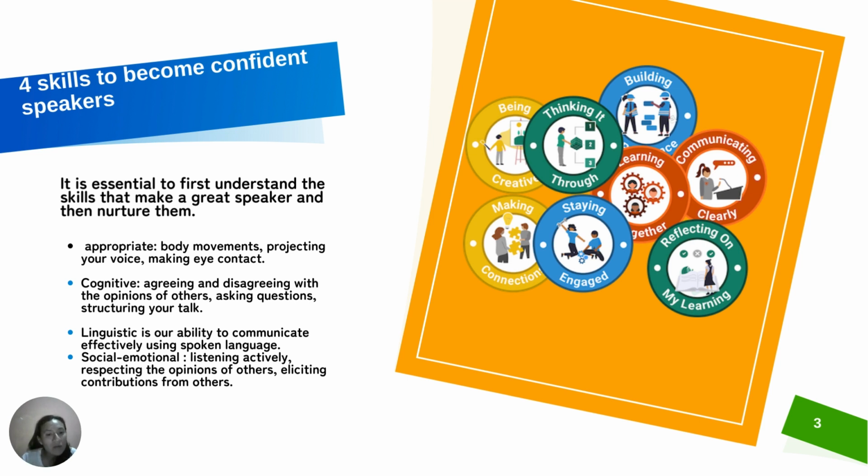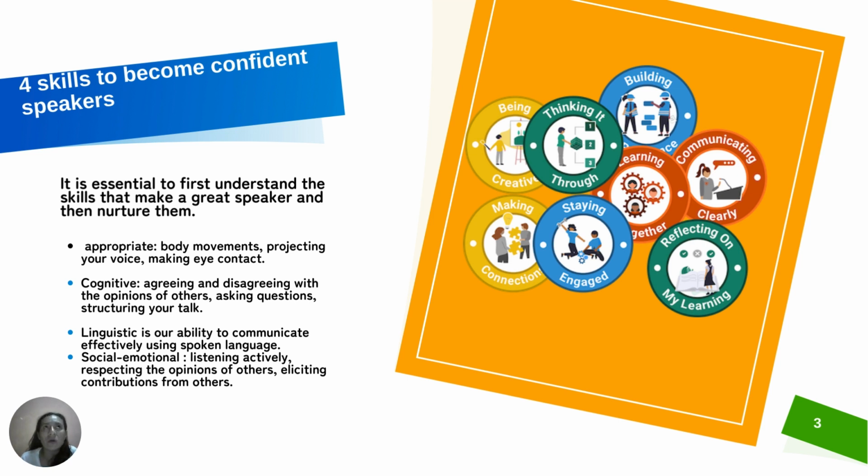And then we have cognitive, when we try to ask questions of ourselves, whether the question or our opinion is good and in a clear way. Then we have linguistic.